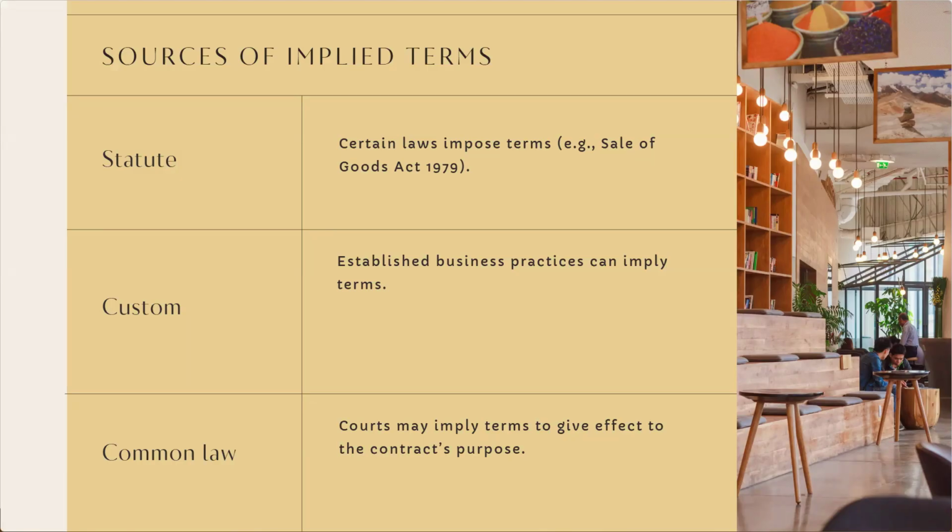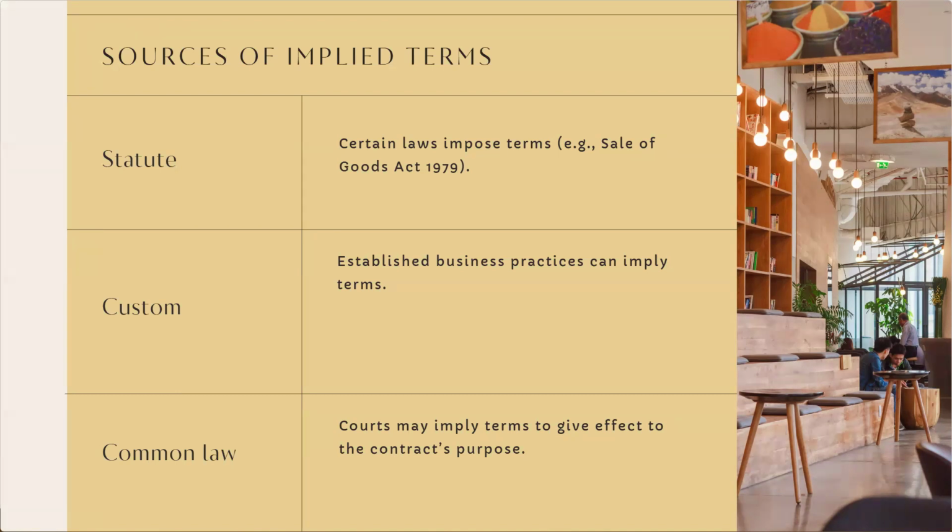For example, the contract with your supplier may not cover the damages or the liability of the supplier, but we have an implied term on that, and that comes from the common law, the case law. Implied terms may come from statute, like some legislation, like the Sale of Goods Act 1979.